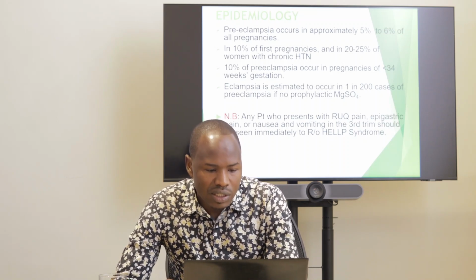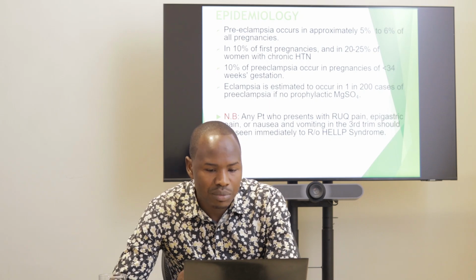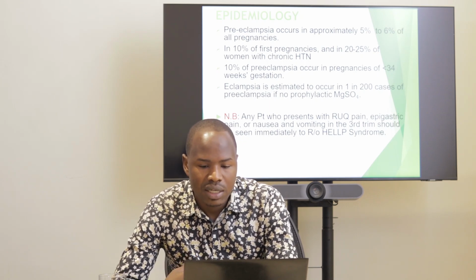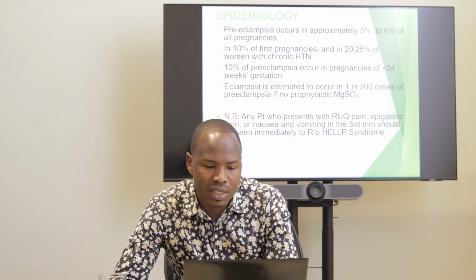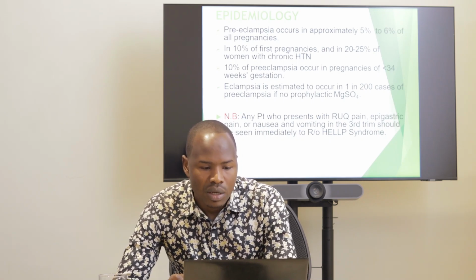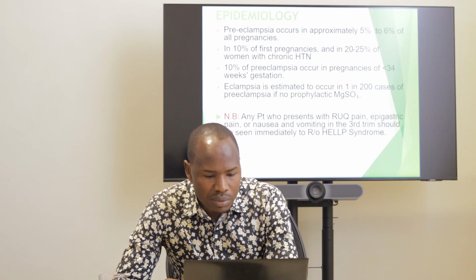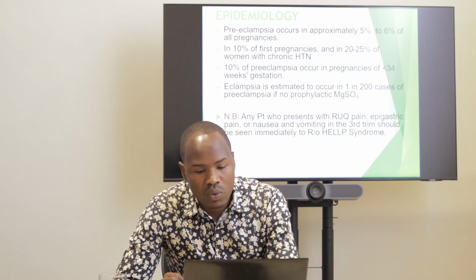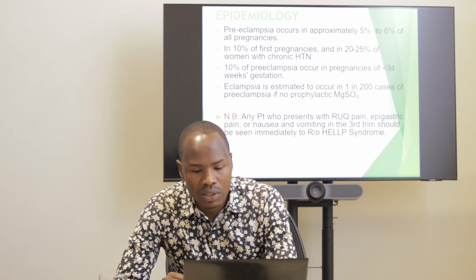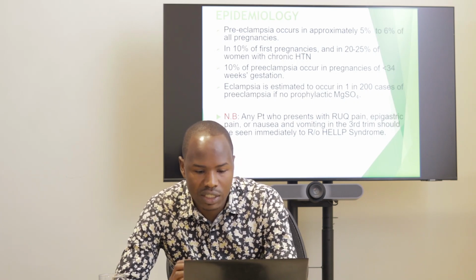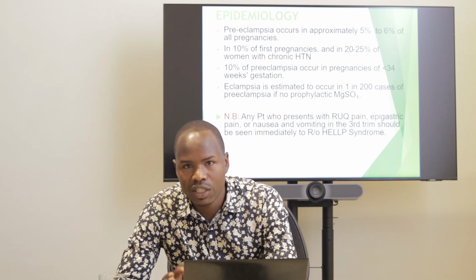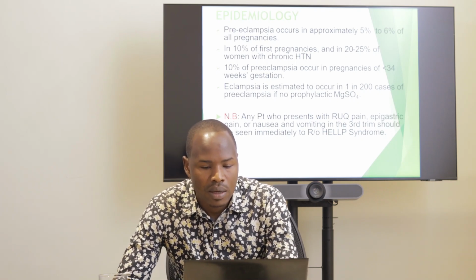The study also revealed that 10% of preeclampsia occurs in pregnancies of less than 34 weeks of gestation, where eclampsia is estimated to occur in 1 out of 200 cases of preeclampsia if no prophylactic magnesium sulfate is given to that client.